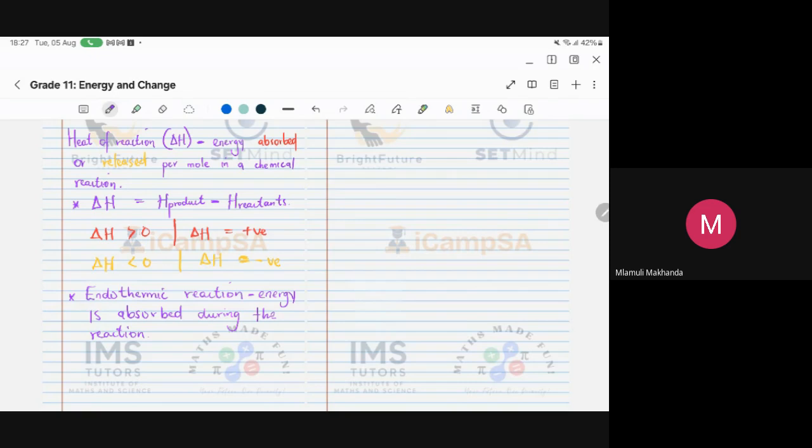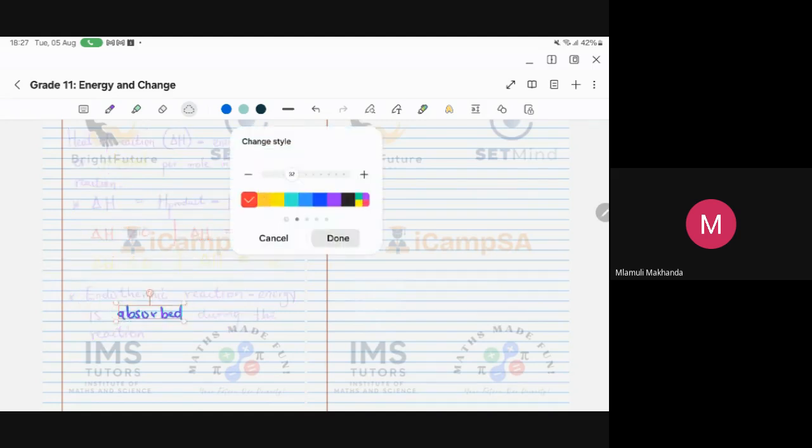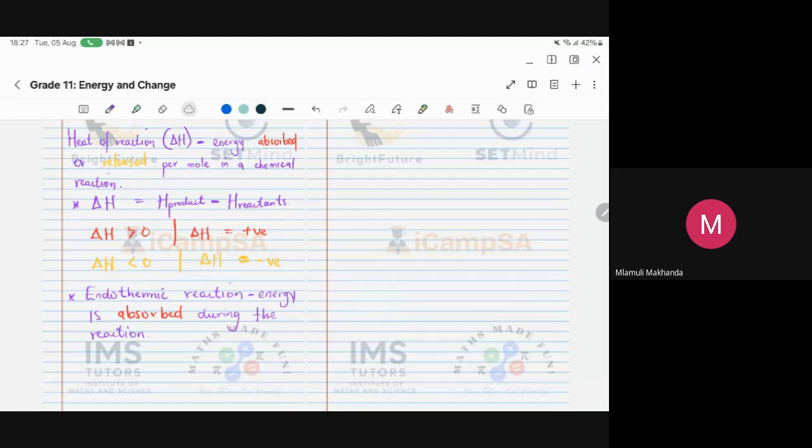Remember what we said, if energy is absorbed, our delta H, or the heat of that reaction, will therefore be positive. So, endothermic reaction, energy is absorbed. Right, energy is absorbed.